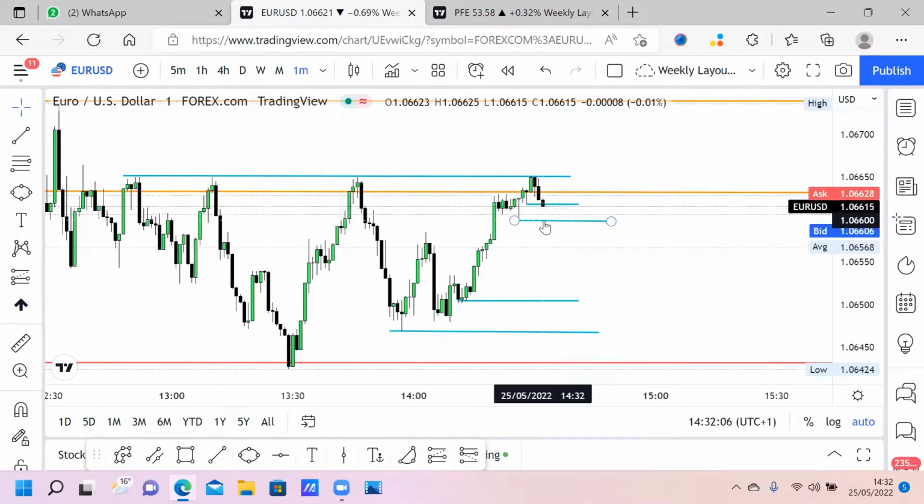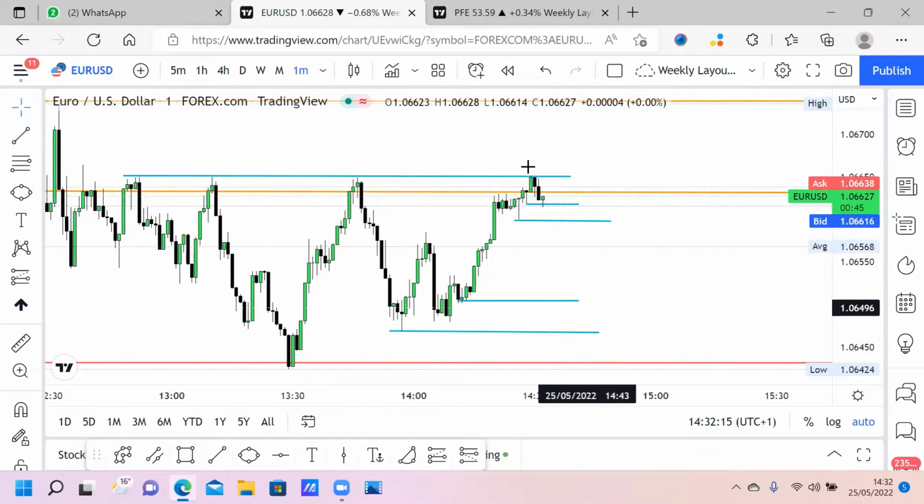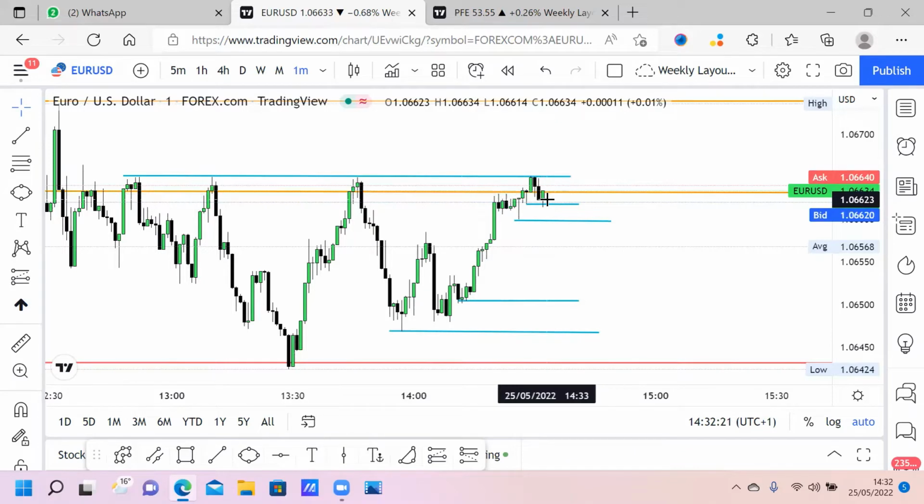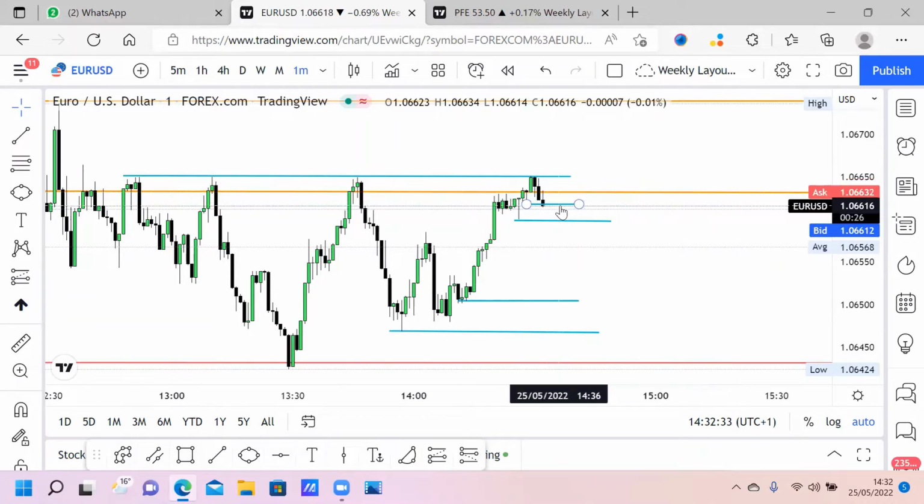If it takes out this zone and then starts to reverse again and go back down, the reversal of this particular area will happen. So price, as a downtrend, should not go above here, and to continue the downtrend it must go below this blue zone.